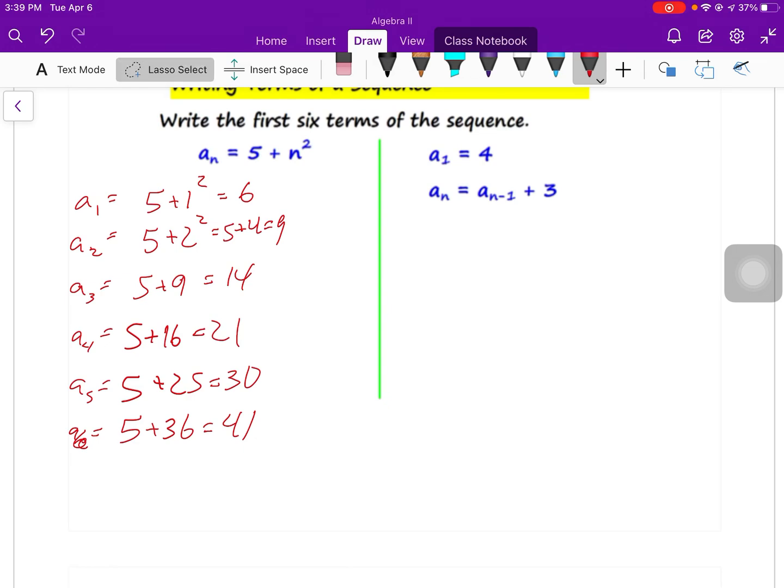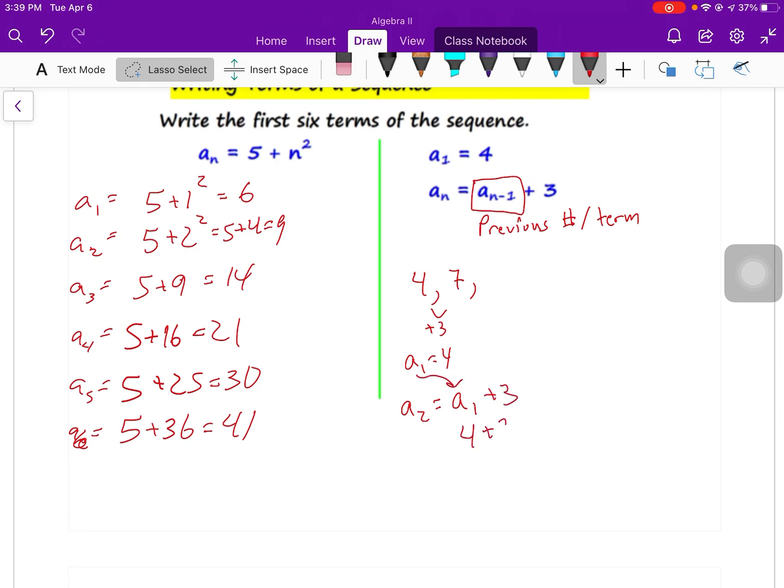Okay, this one's a little bit different because now I'm going to base this off of my previous number or term. So if I start with my first one being 4, I'm going to get the next number by adding 3. Or if you want to see it this way, the first number is 4. To get the second number, I'm going to take the previous number, so the first number, and add 3 to it.